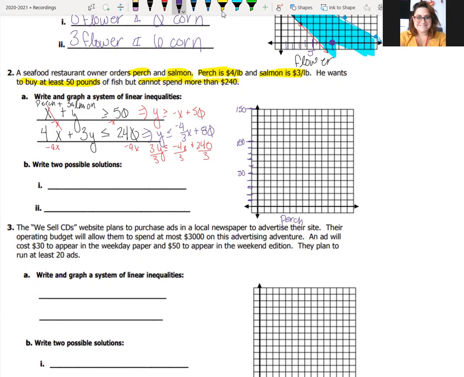And I erased it. Let's write it over here. This is salmon. On the bottom, we'll also probably need to count by 10s. 10, 20, 30, 40, 50, 60, 70, 80, 90, 100, and that one will be 150.